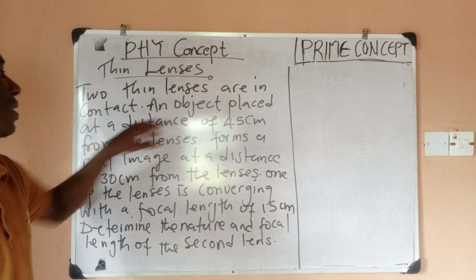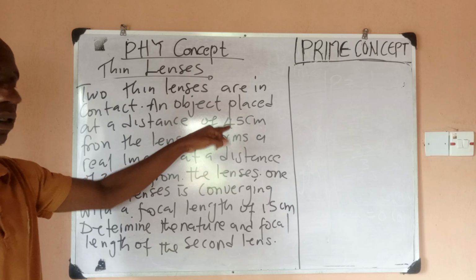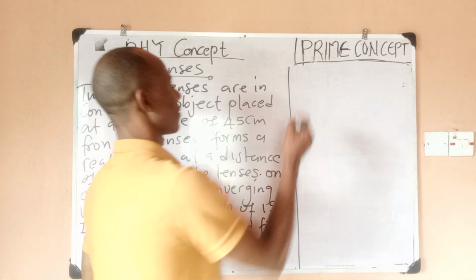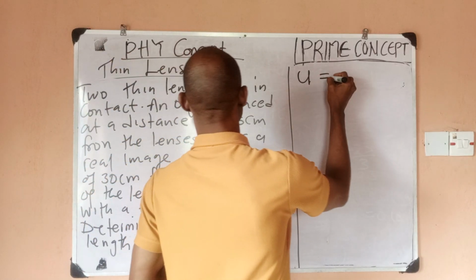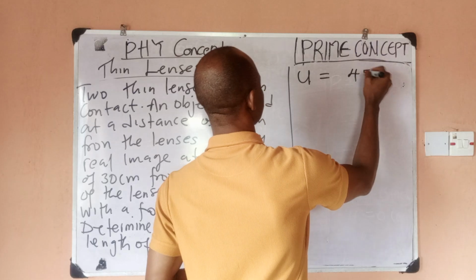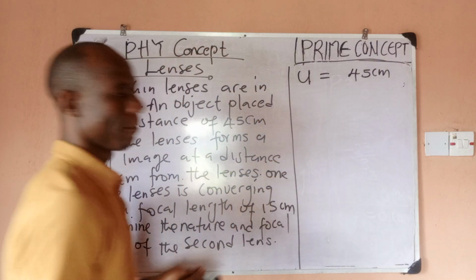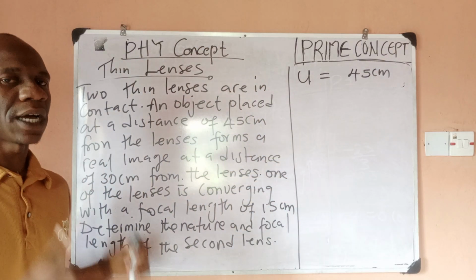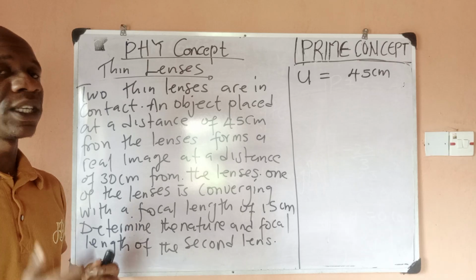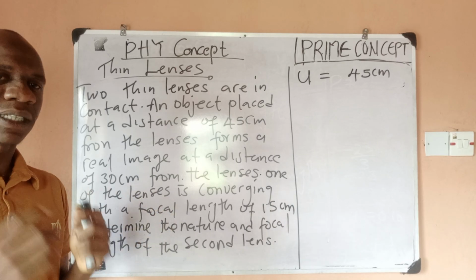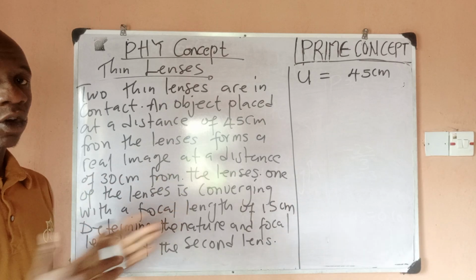An object is placed at a distance, so the object distance u is 45 cm. We already agreed that our object distance should always be negative, irrespective of concave or convex lens.